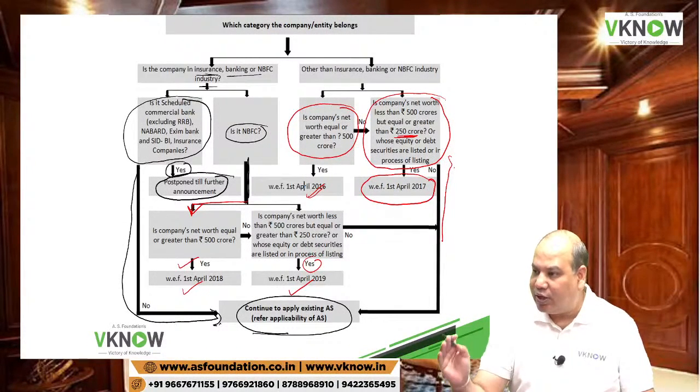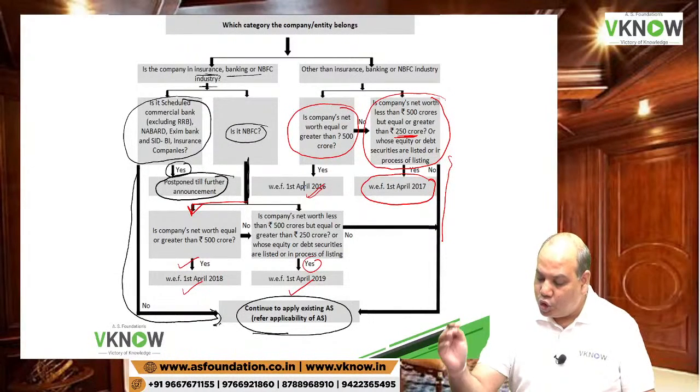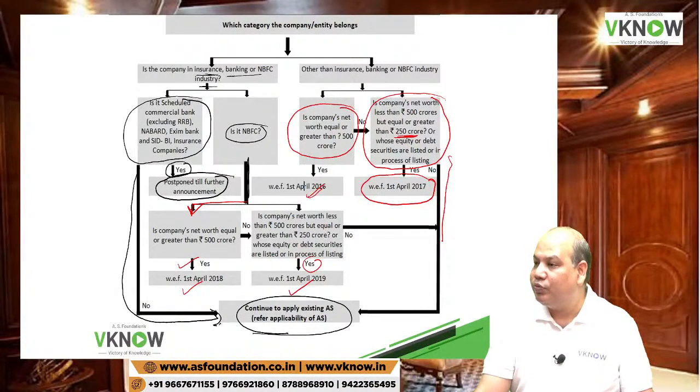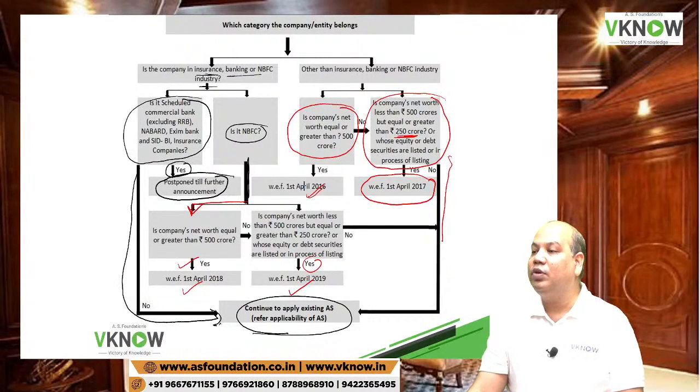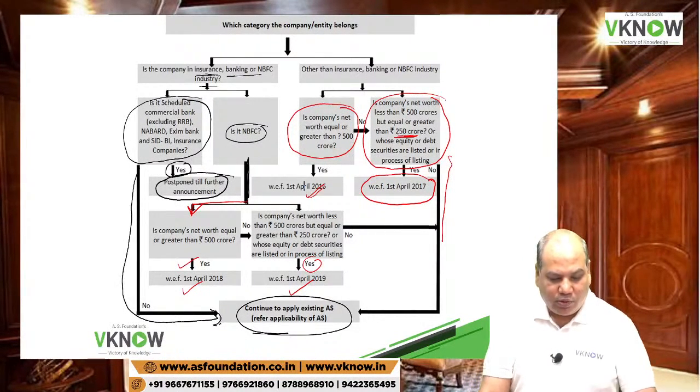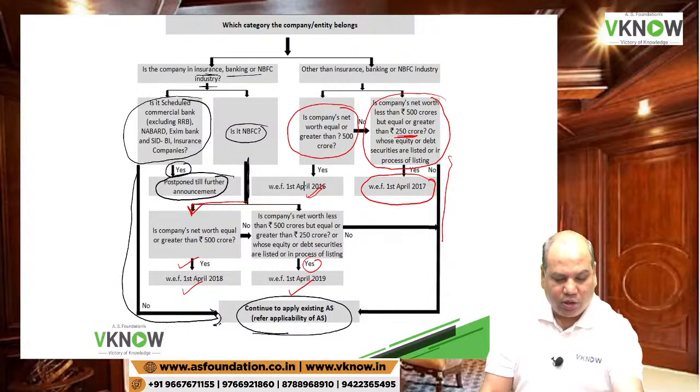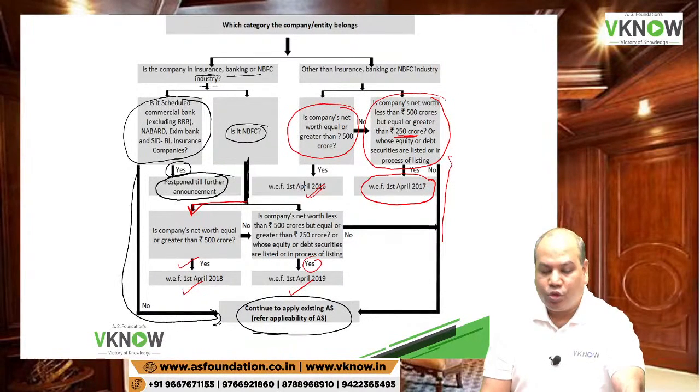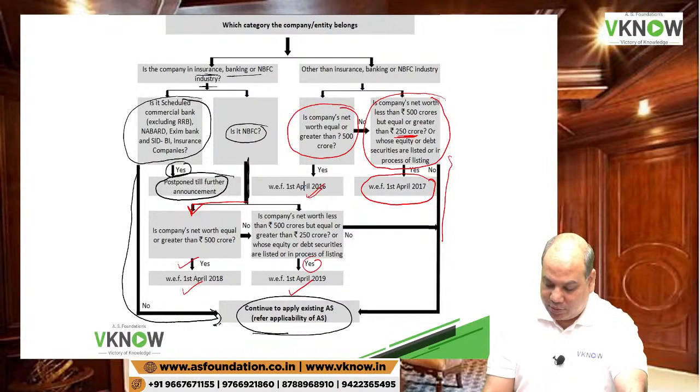But if you are neither listed nor net worth more than 250 crore, not a bank, or you are a banking company, or you are an insurance company, then you are not required to apply Ind AS. So if they ask you a reverse question, who is not required to apply Ind AS? Who is not required to apply Ind AS?